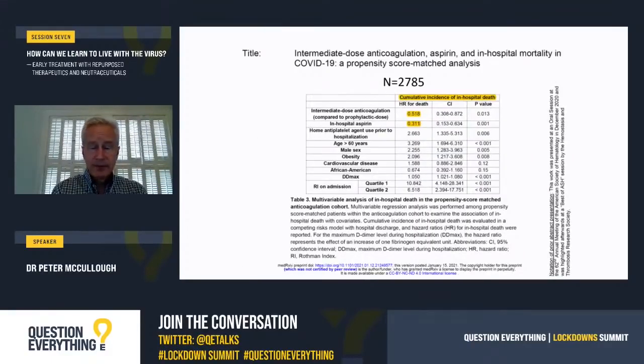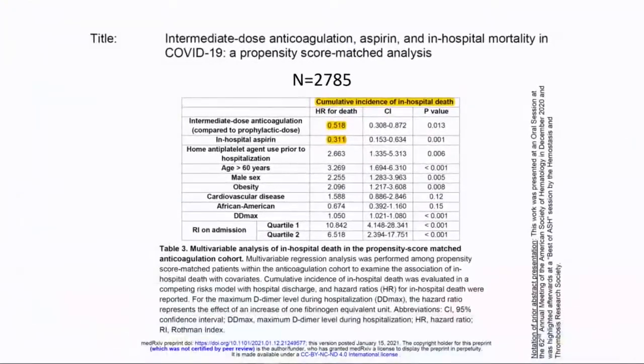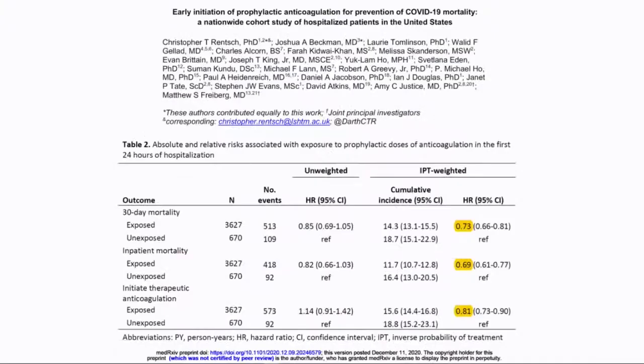Anticoagulants. Next slide. You can see here from inpatient studies there is a reduced hazard when aspirin in full dose and parenteral anticoagulants, most commonly low molecular weight heparin, are used. Next slide. And then the benefit is carried out to 28 days in this multi-center analysis.